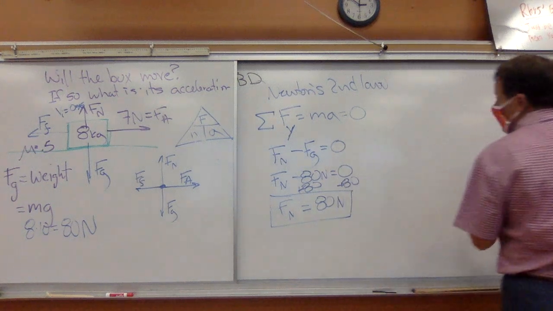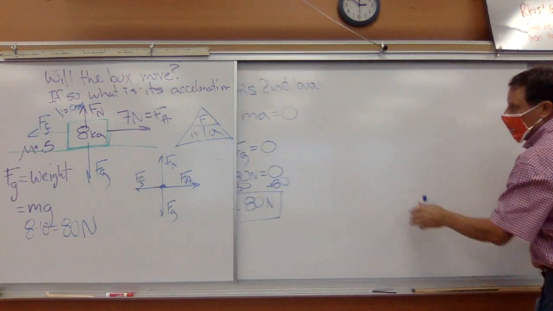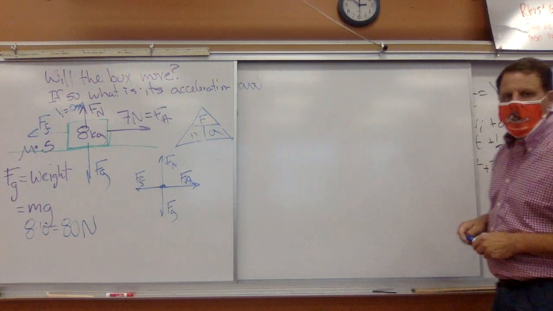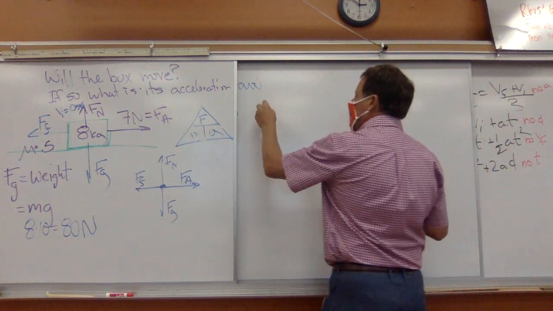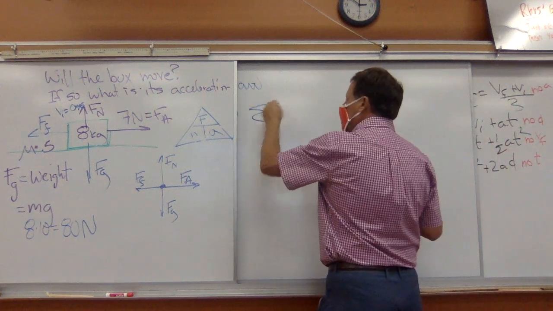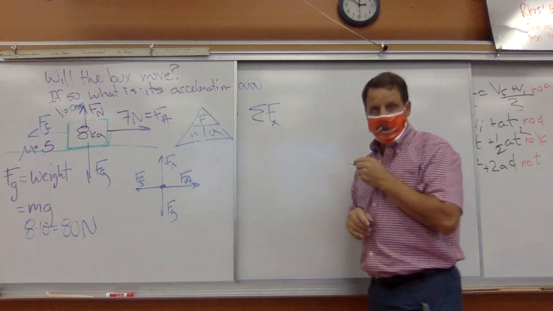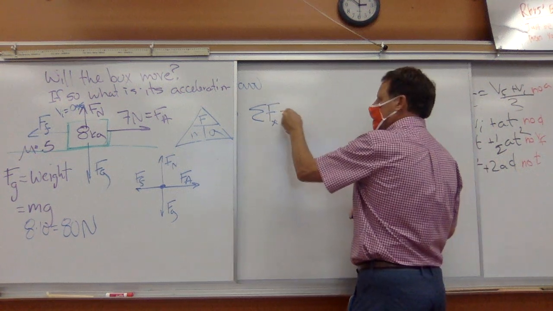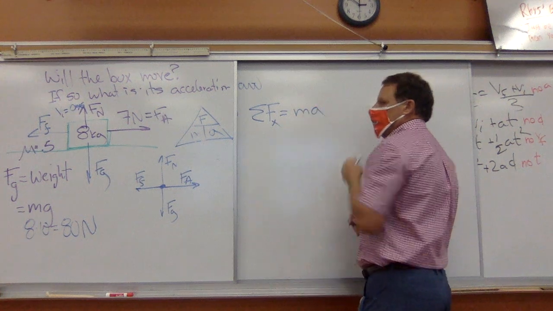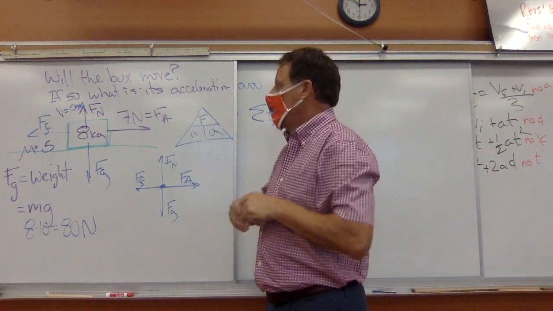I'm going to scoot this over a little bit more here. And now we're going to say the sum of the forces in the x direction is equal to ma.